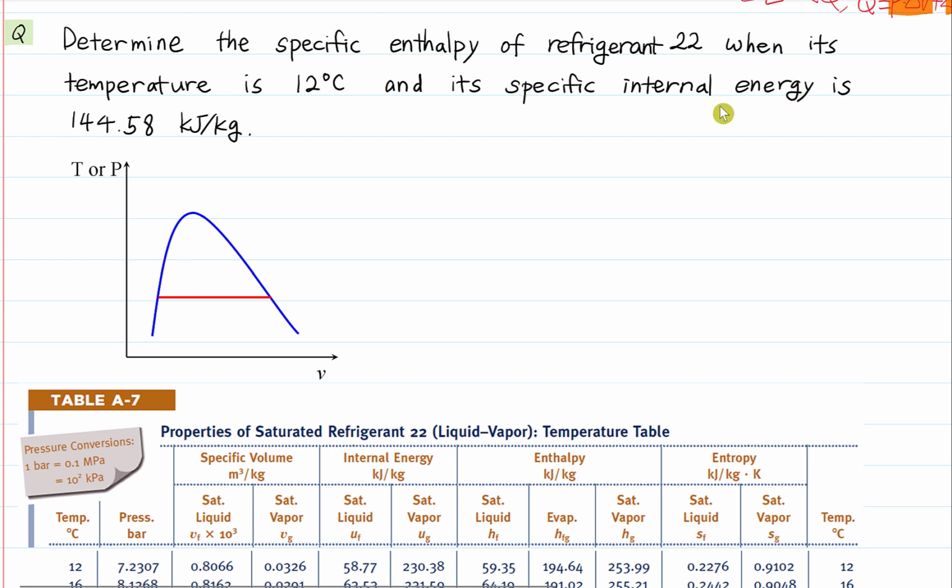So two intensive independent properties for a simple compressible substance fix the state. So in this question, internal energy and the temperature are known. So we can fix the state. It asks to determine the specific enthalpy of refrigerant. So enthalpy is also a thermodynamic property, therefore we can determine the enthalpy of the substance.